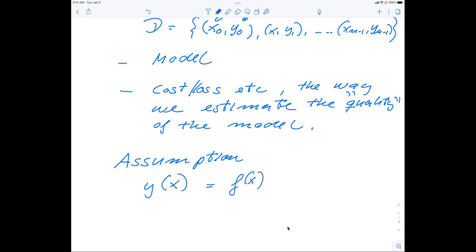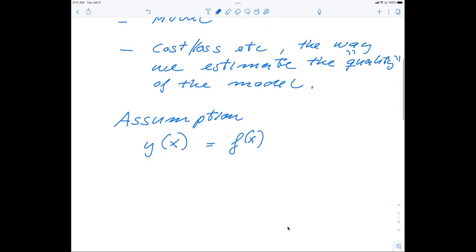And we assume that there exists a continuous function. One of the assumptions is actually that this is a deterministic continuous function.